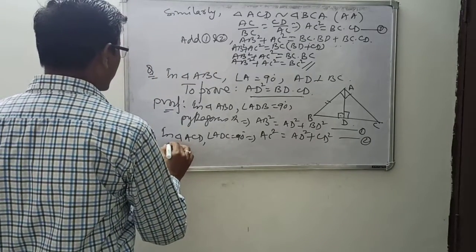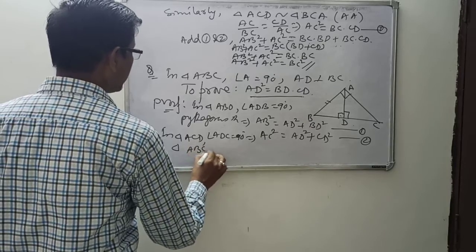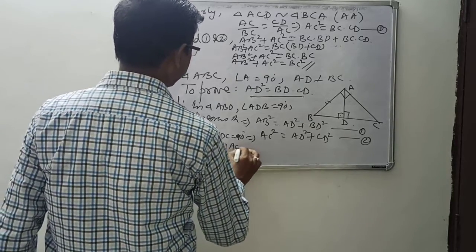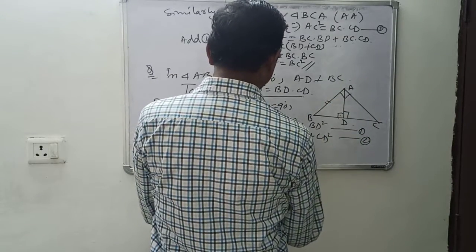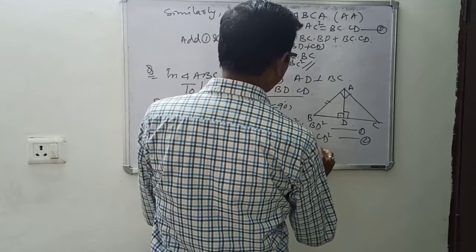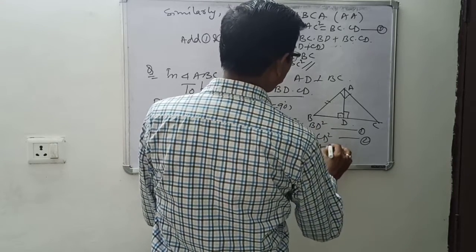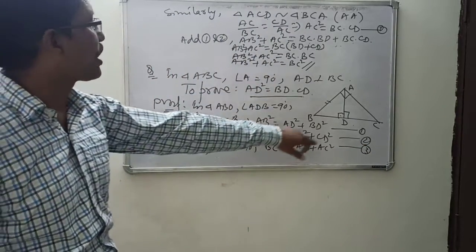And another right triangle you have, the whole triangle ABC, where angle A is 90 degree. For the whole triangle, you will get BC square is equal to AB square plus AC square. BC is the hypotenuse, that's what you got. See, BC square equal to that.